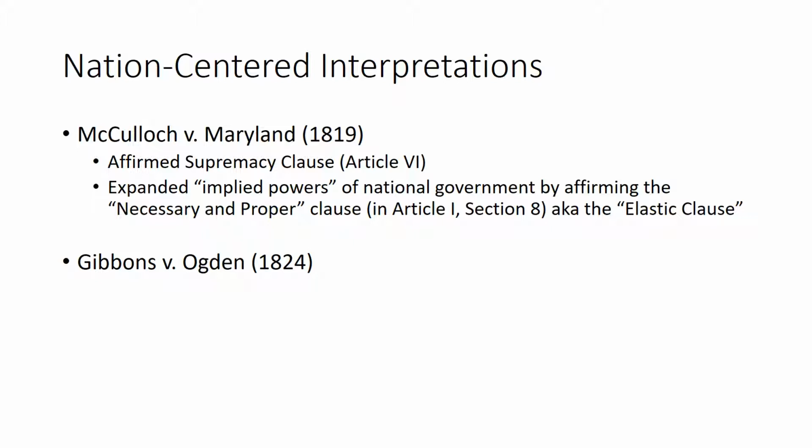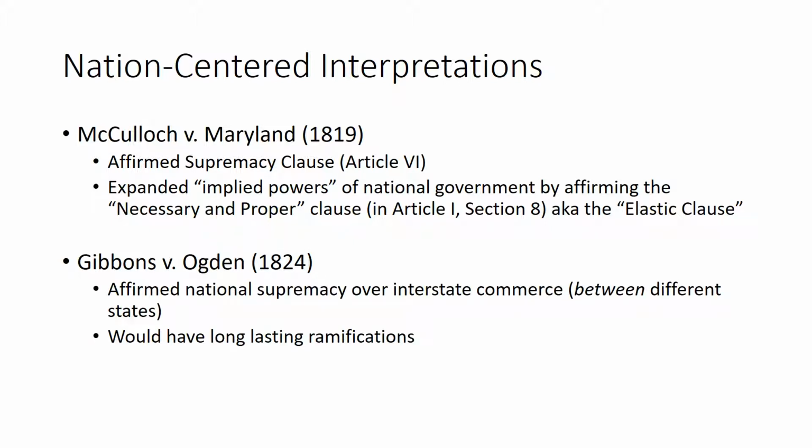Well, there was a lawsuit that said, hey, New York, you can't do that. It's messing over our business people here in New Jersey. And it goes before the Supreme Court, and the Supreme Court actually says, you know what? New York, you cannot do that. The national government is over interstate commerce. That's between different governments, not intra-state, which is within, but interstate commerce, between different states.